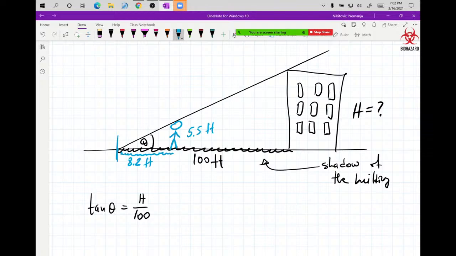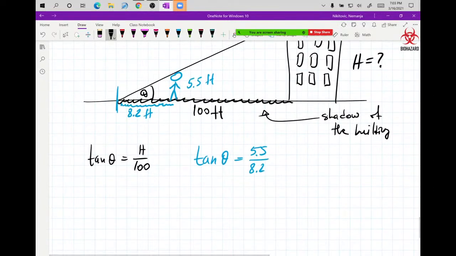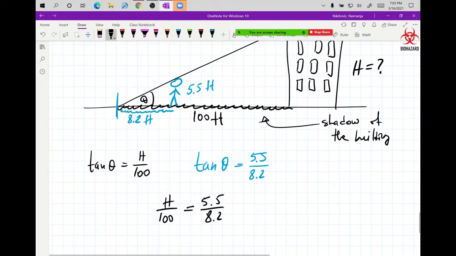So now you can write the blue tangent theta, and that's going to be, you are now opposite side, so 5.5 divided by 8.2. And now, look, you have the proportion. So just by inserting yourself into the shadow, you can figure out the height of the building.